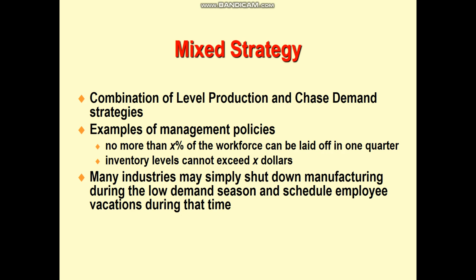And here we have another strategy, because both level production and chase demand strategies have their own advantages and disadvantages. That's why they created another strategy, the mixed strategy, which is the combination of level production and chase demand strategies.